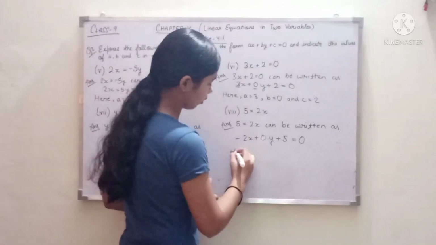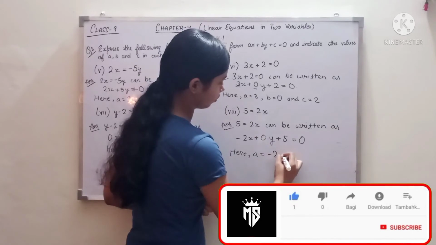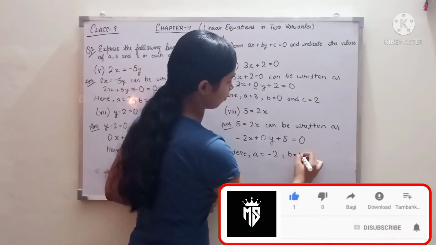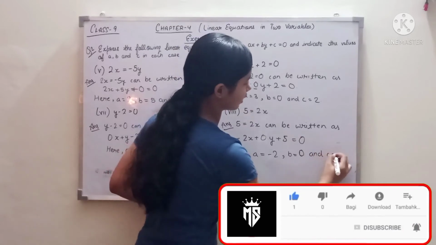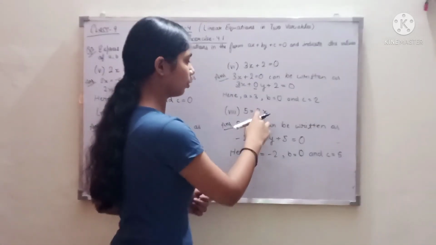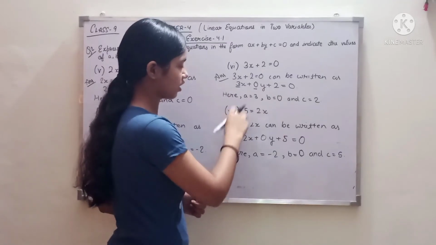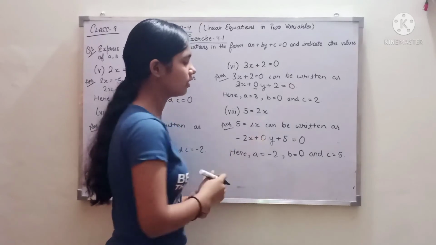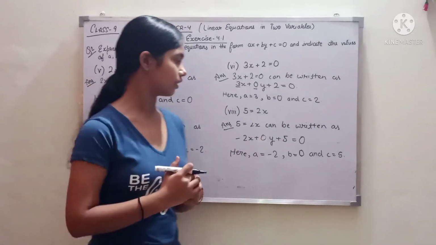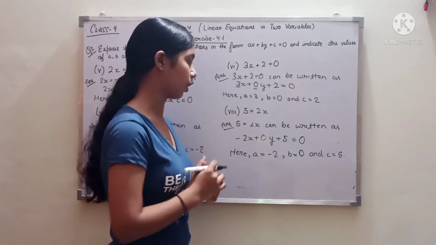So here a is equal to minus 2, b is equal to 0 and c is equal to 5. We have taken 2x here as minus 2x and y is not written, so it is 0.y.